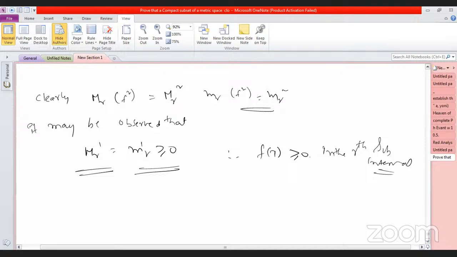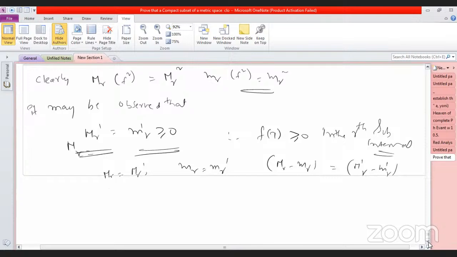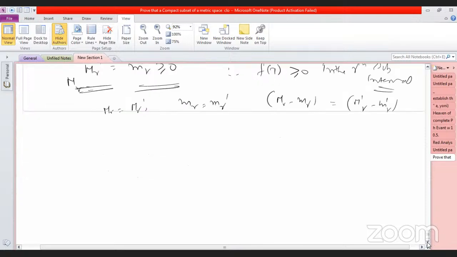So therefore Mr is equal to Mr dash, and small mr is equal to small mr dash. That is, Mr minus small mr is equal to capital M dash r minus small m dash r. Can we write this? Yes, sir. I am only writing supremum minus infimum, nothing else.